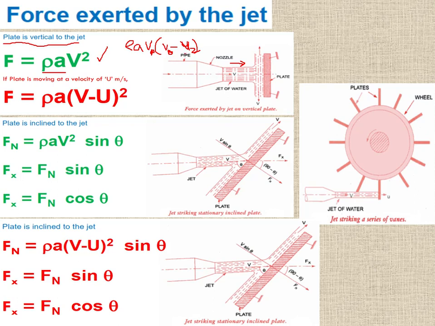Here you can see A is the cross-section area of the jet. If the diameter or the area is given, you can take it straight away. And rho is the density of water. You can determine this property if the temperature is given, and if the temperature is not given, you can take the standard value that we all know.